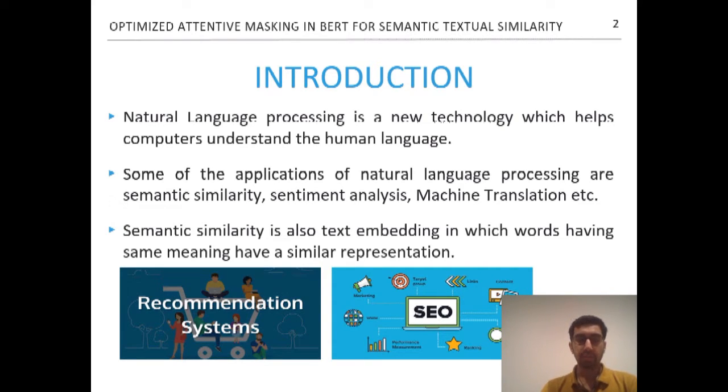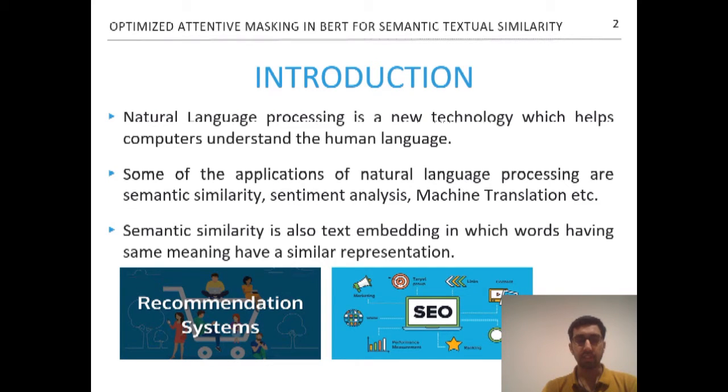Our area of research is based on one NLP application, which is textual semantic similarity. I'll take an example to make you understand it. If we search for a word or a phrase on Google or any other search engine, we get several documents and a huge number of links related to that particular word.